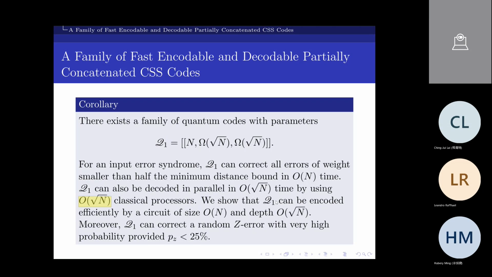We also show that Q1 can be encoded efficiently by a circuit of linear size and depth. Moreover, Q1 can correct random Z errors with very high probability, provided pZ is less than 25%.